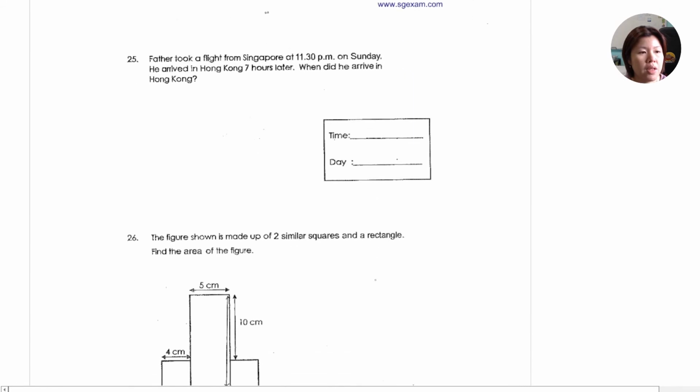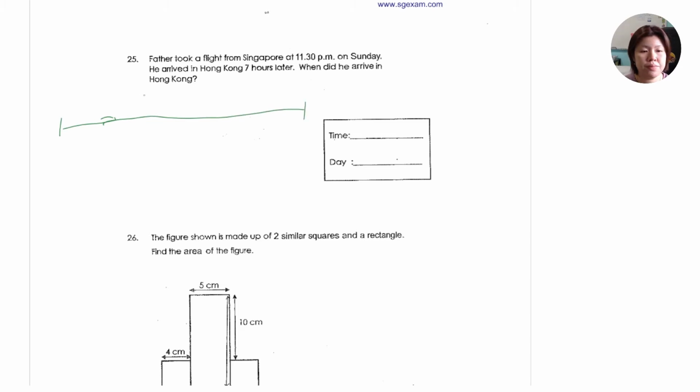Okay, let's move on. Father took a flight from Singapore at 11:30 on Sunday and he arrived 7 hours later. So let's do a timeline again. It's 11:30 p.m. So 30 minutes is 12 a.m. Let's have another 30 minutes.